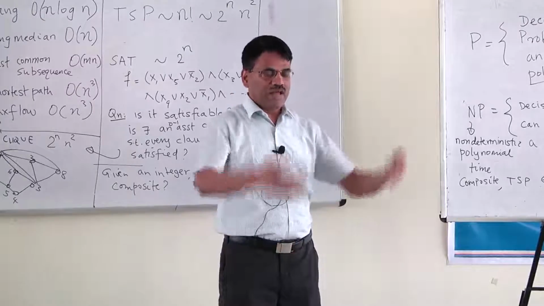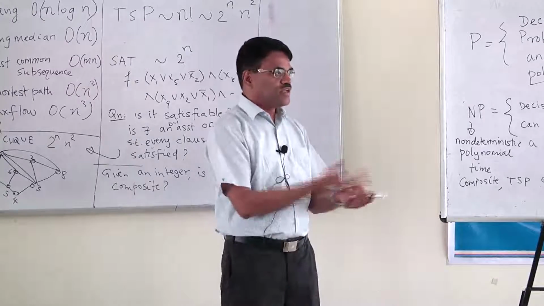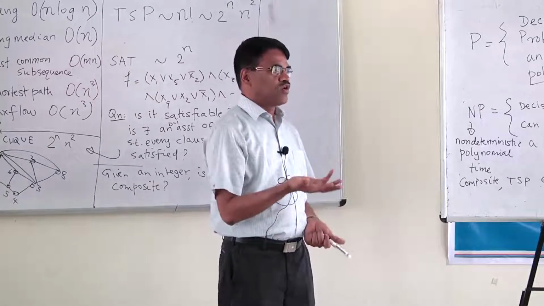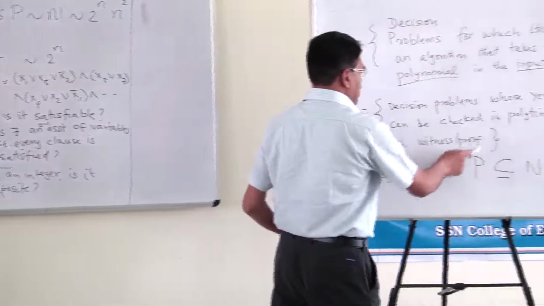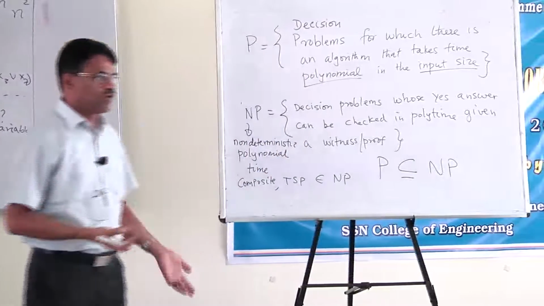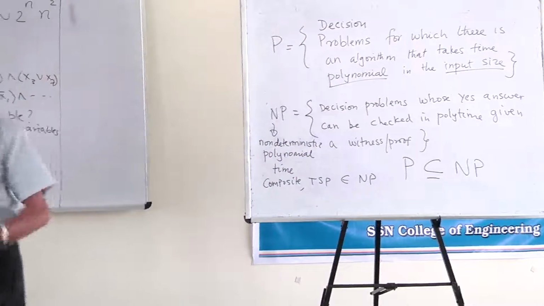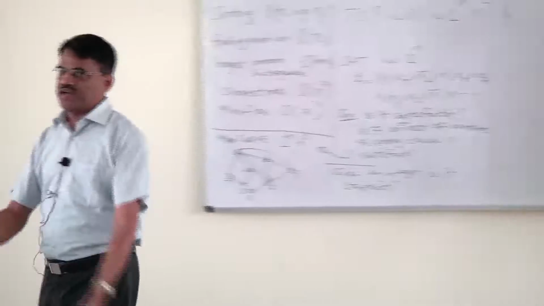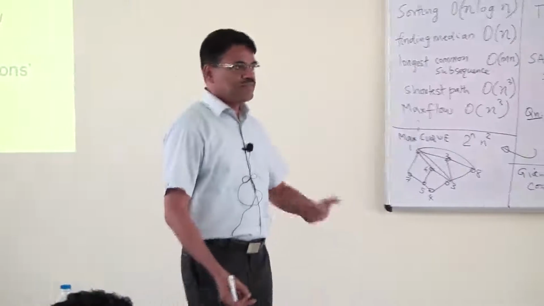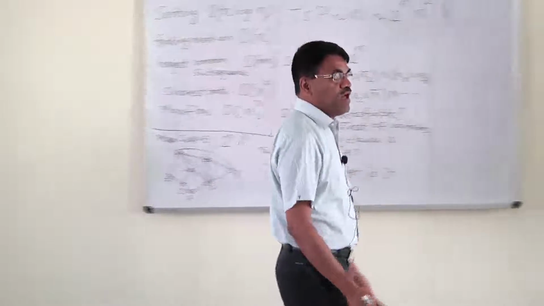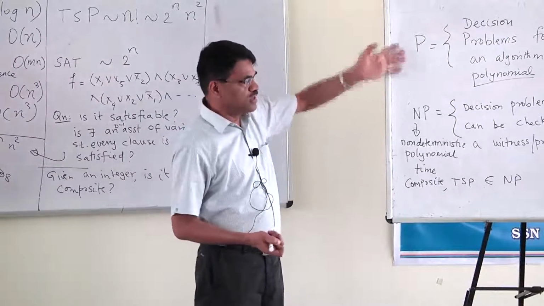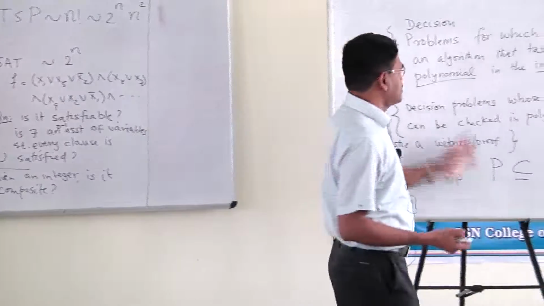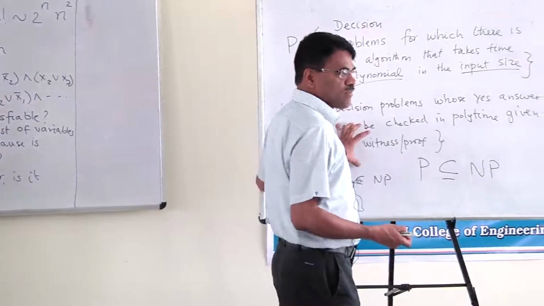So in polynomial time, I'll actually solve the problem and check whether it's a yes or no. I don't even need a proof because the whole problem is solvable in polynomial time. So I'll take that polynomial algorithm and run it and check the answer. So the yes answer can be easily verified in polynomial time if the solution can also be found in polynomial time. That's what it means that the class P is contained in NP.